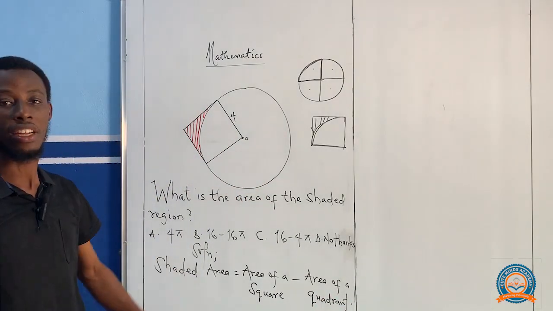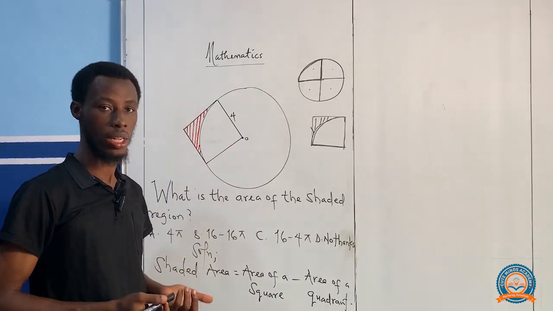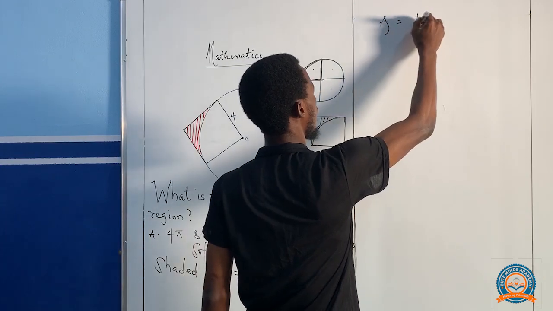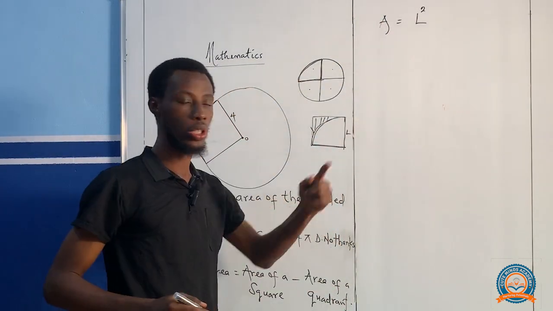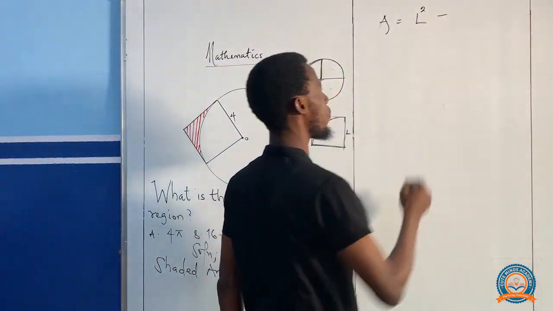We know that the area of a square is simply the product of the sides of a square. So that means the shaded area we are looking for is the area of a square, the product of the side, minus the area of a quadrant.